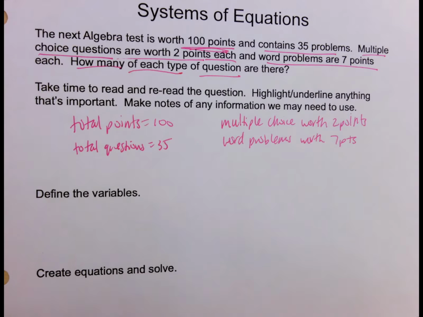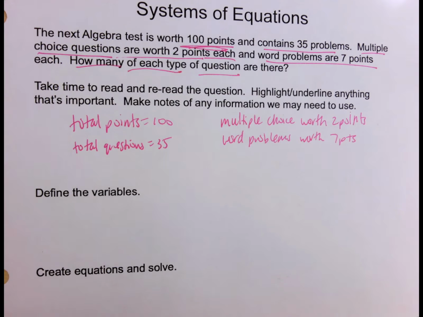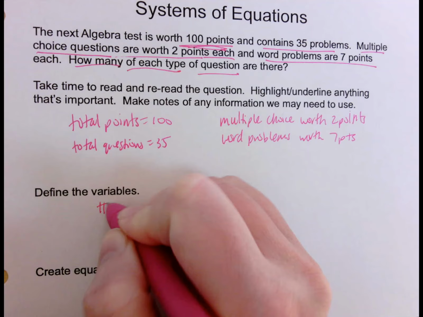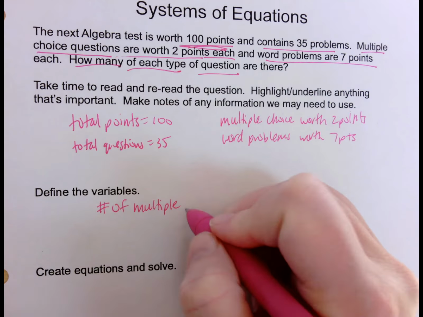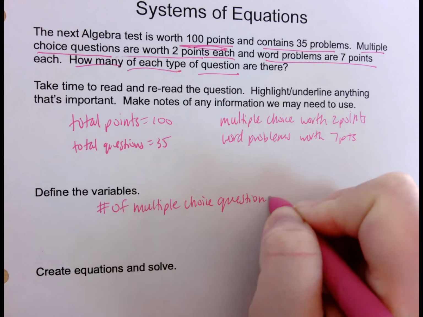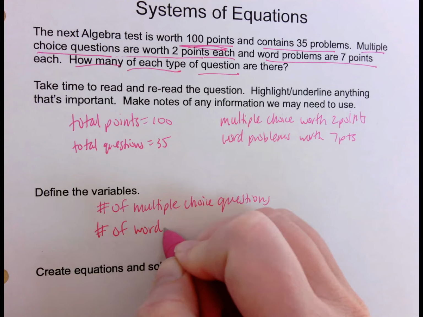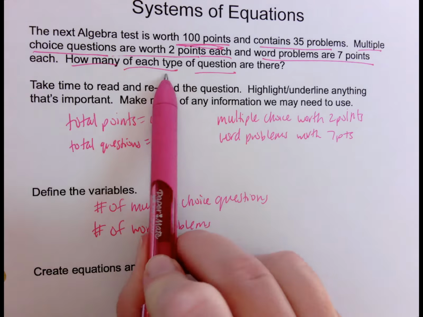So here is where we're going to start. There are two things that we're looking for here. We're looking for the number of multiple choice questions, and we are looking for the number of word problems. That's what the question is asking us to find. How many of each type of question.